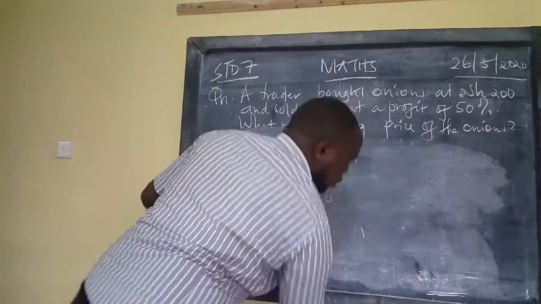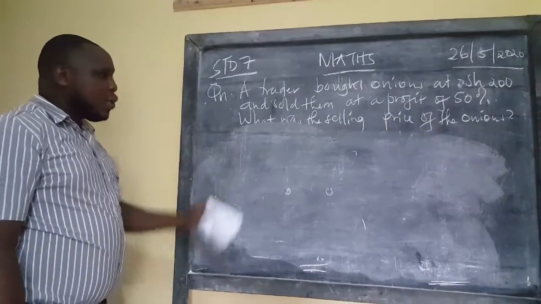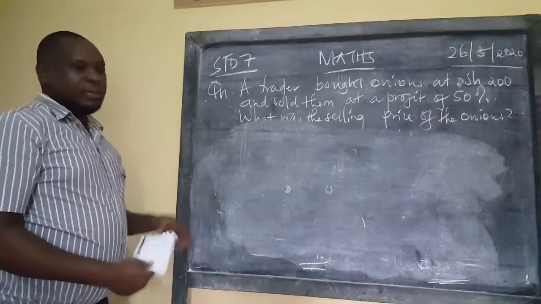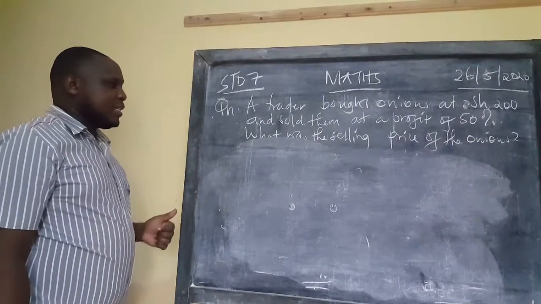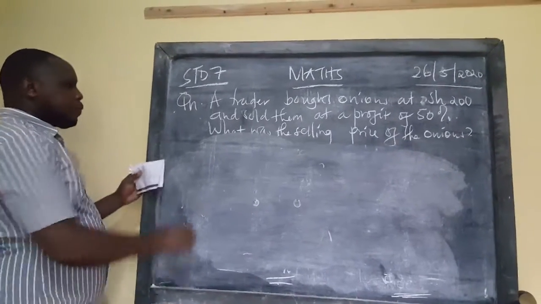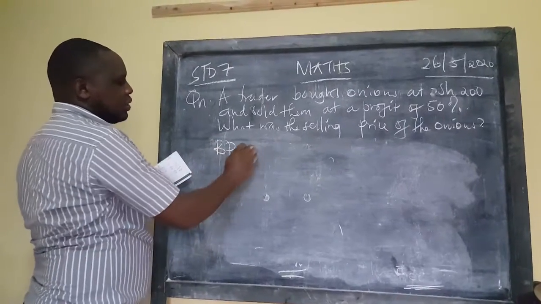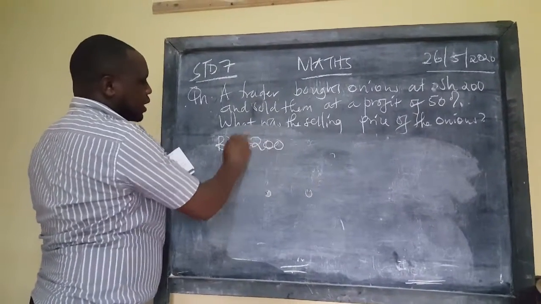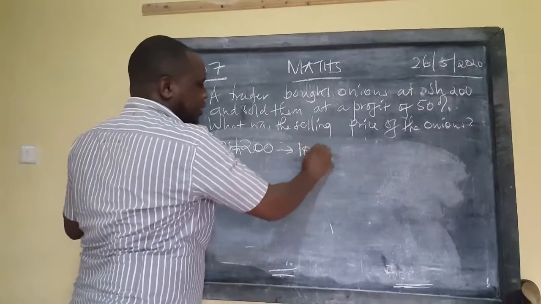If you remember what we did in percentage increase and percentage decrease, we can apply it here. Remember what we did as our first chapter, percentages: percentage increase and percentage decrease. Now, I want to show you something. This person bought the onions at 200 shillings, and this 200 shillings is equivalent to 100%.